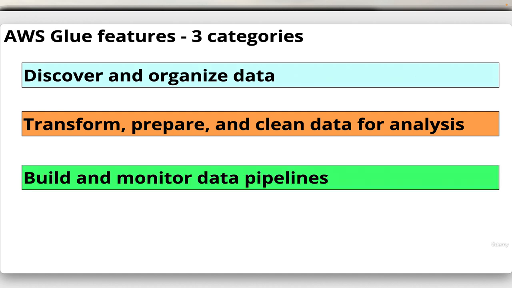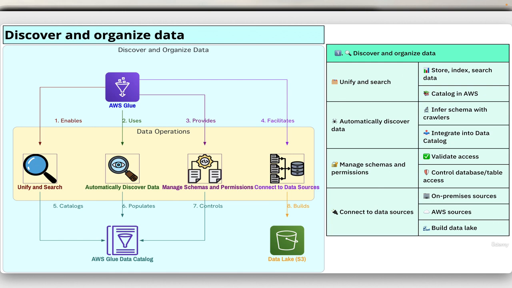So first is discover and organize data. Under this you have items like unify and search, wherein you store, index and search across multiple data sources and sinks by cataloging all data in AWS. And you have automatically discover data. So you can use Glue crawlers to automatically infer schema information and integrate it into the AWS Glue Data Catalog.